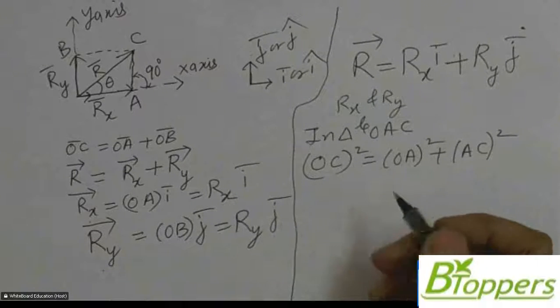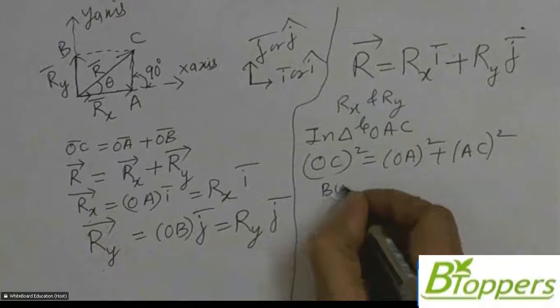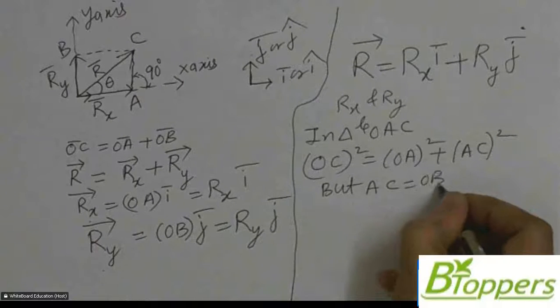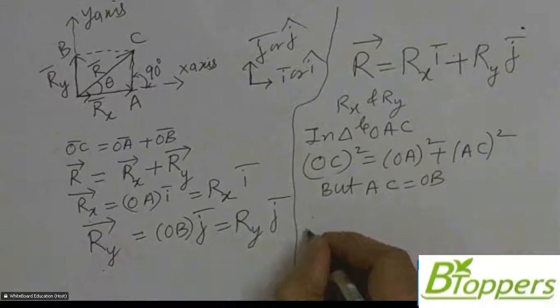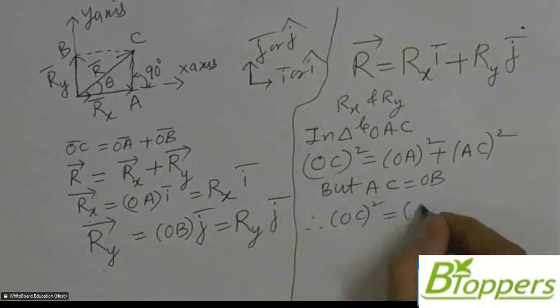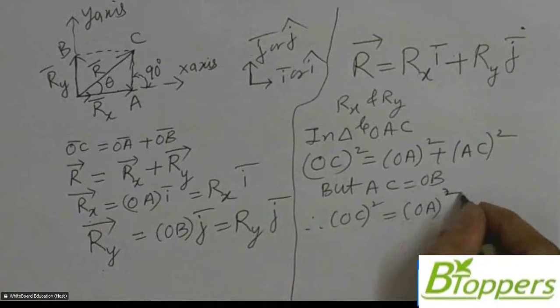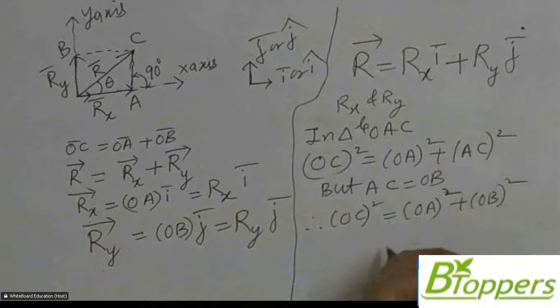So in a rectangle, opposite sides are equal in length. So the length of the line AC is the same as the length of the line OB. Therefore, we can write OC square equal to OA square plus OB square.